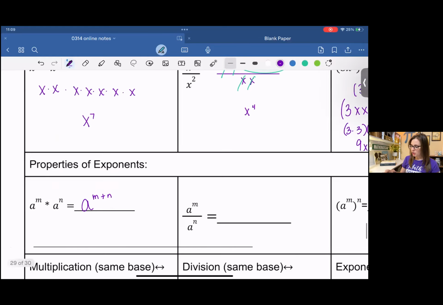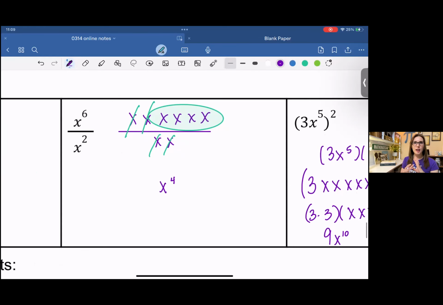Now for division, it was a little bit different because I had x's that divided to 1. So they kind of disappear. They subtract out. So I end up with x to the 4th. And we know that 6 minus 2 is 4.